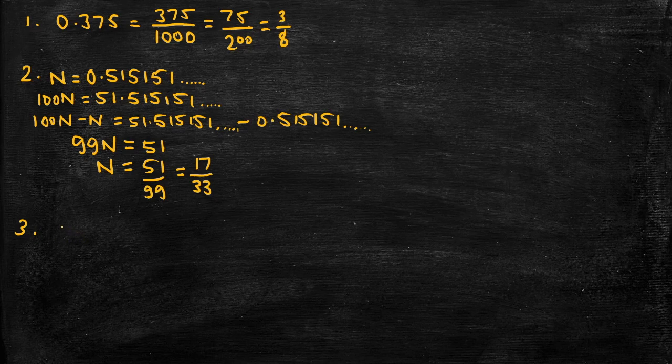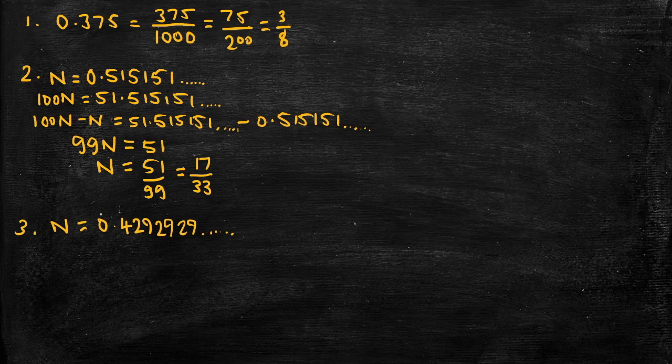Here's another example similar to that, but this one's a little bit more challenging. Let's suppose I start with n equal 0.4 and then repeating pairs of 29.